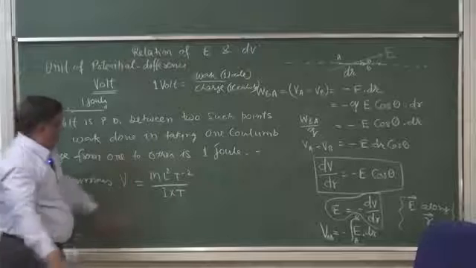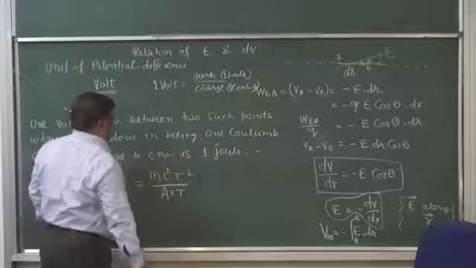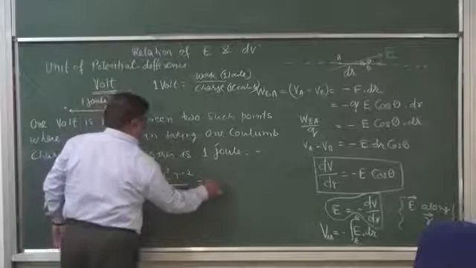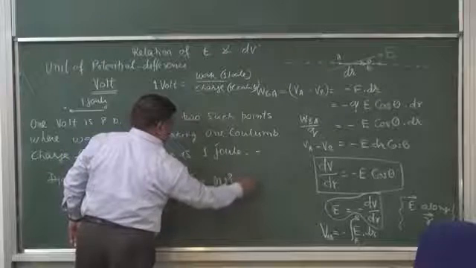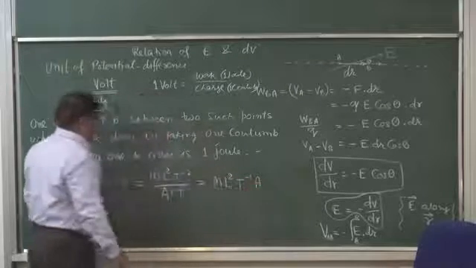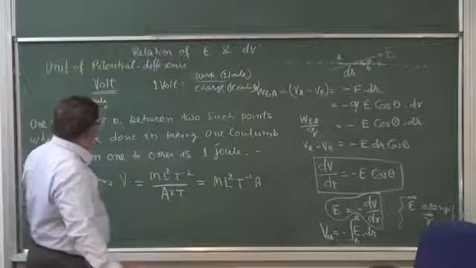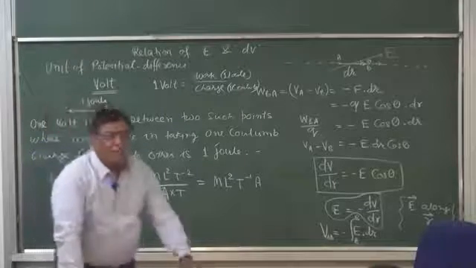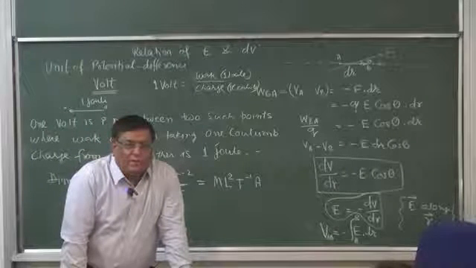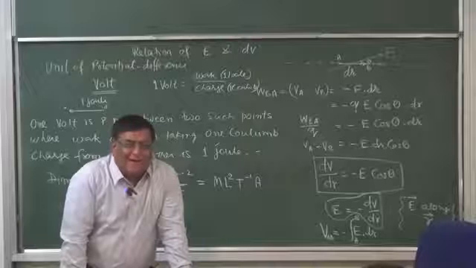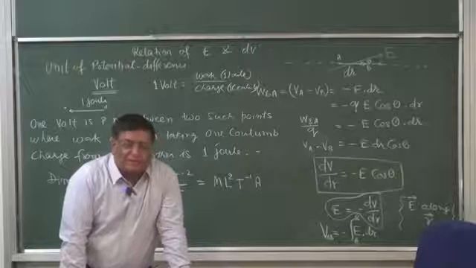Current is A. Work done is force times distance, so M L squared T minus 2.